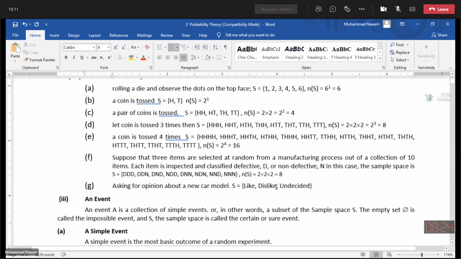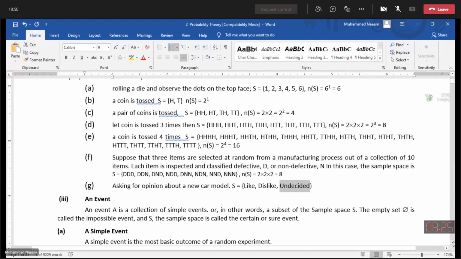We can also deal with such situations. Again, we find the percentage of the people who respond with like, and we find the percentage out of 200 or 500 people who respond dislike, and also we can find the percentage of the people who respond undecided.